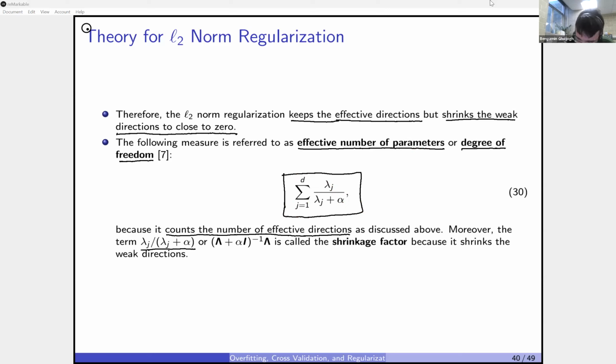Moreover, these terms are the diagonal elements of this, and each is called the shrinkage factor because it shrinks the weak directions. Okay, did you get it? By the way, this is also mentioned in the book Elements of Statistical Learning by Hastie and Tibshirani at Stanford University.